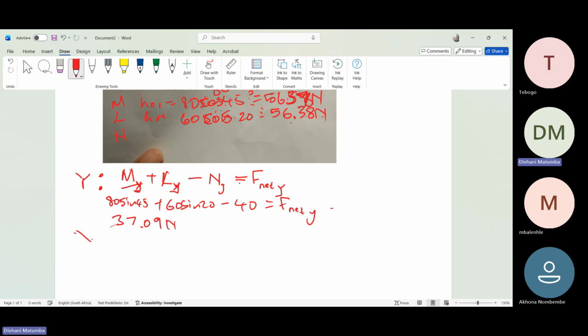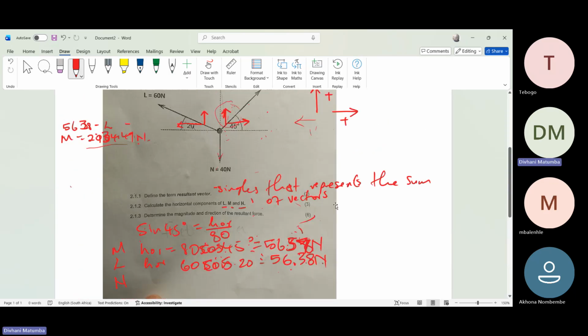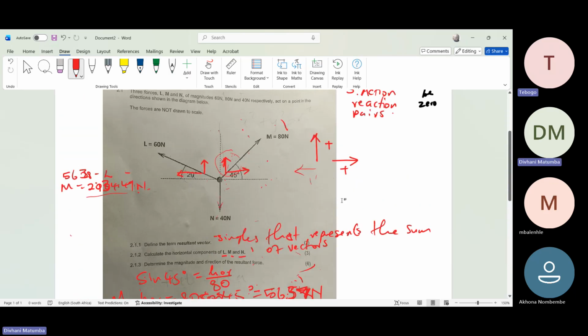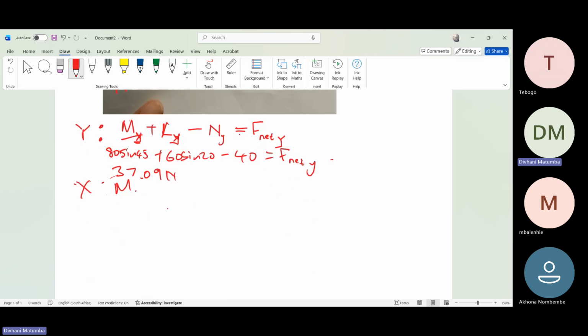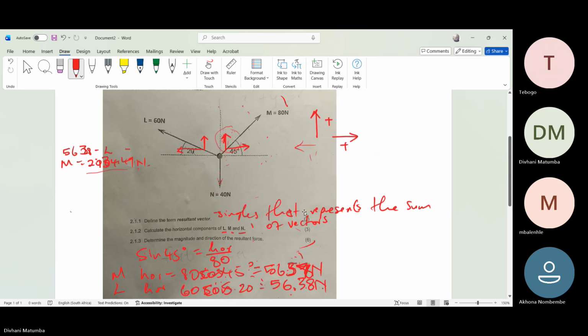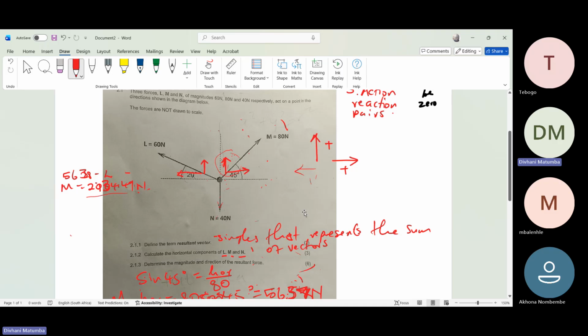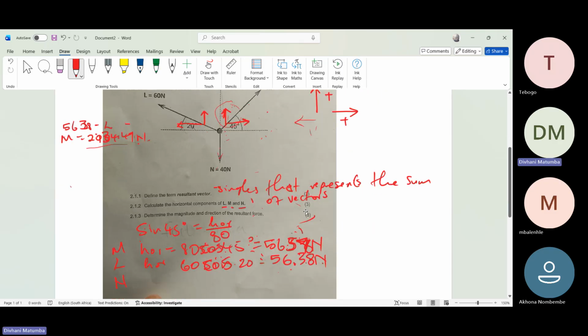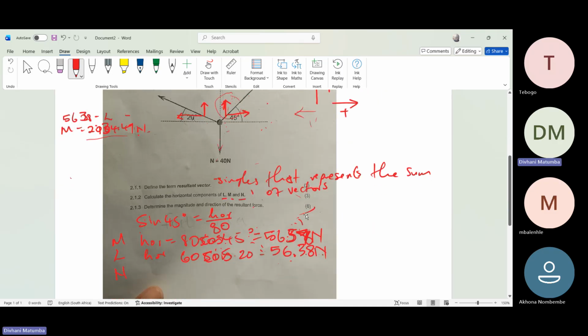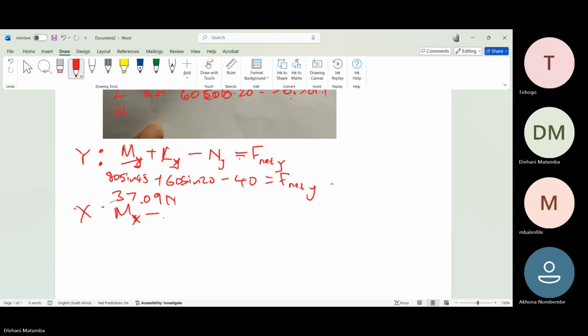Okay, and then we're going to resolve in the x direction, whereby we will have Mx, which is positive because the force points in the positive direction, then minus L y component, because it points in the opposite direction, it's going to be a minus.